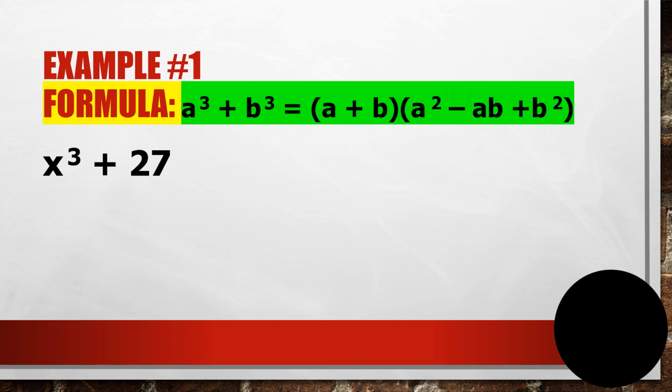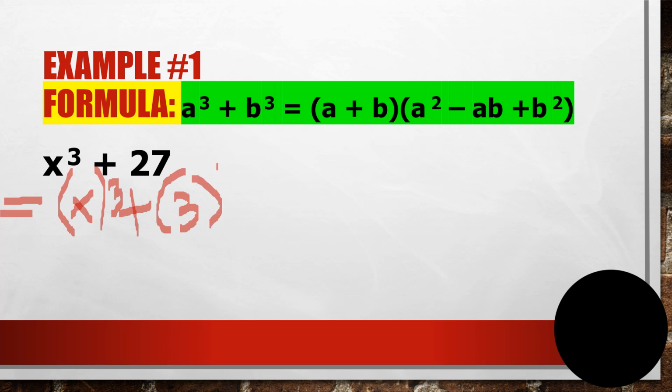Alright. Now, if you have x cubed, its cube root is x, raised to cube, plus the cube root of 27, which is 3, since 3 times 3 times 3 is 27. So, 3 cubed.